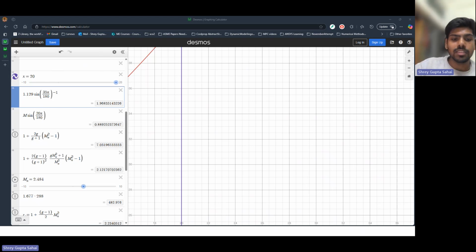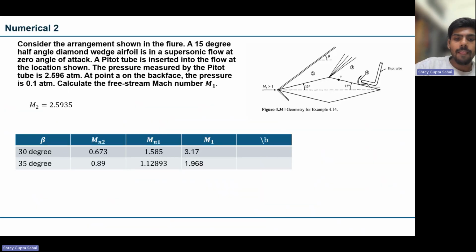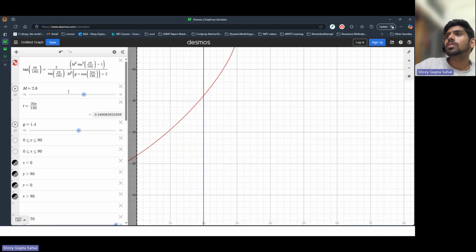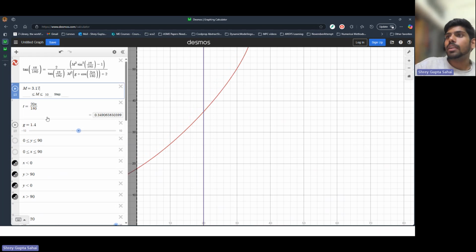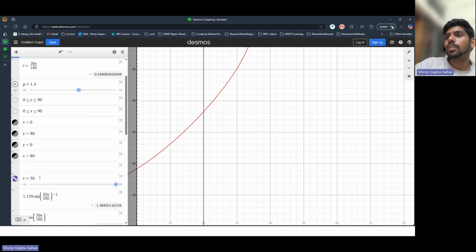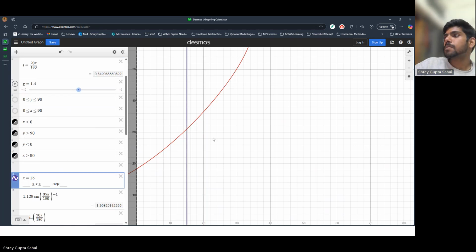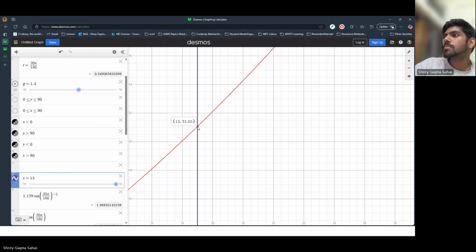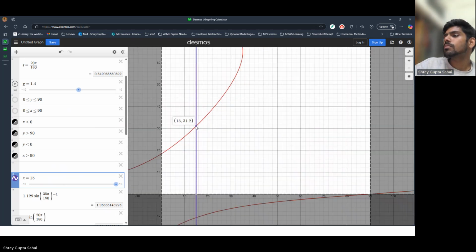Let's see if we can get some new beta values. So now we will recalculate beta. If we do that, now Mach 1 is 3.17, and the theta value we know is 15. So what is the value at this? It's 31.1. Close enough.